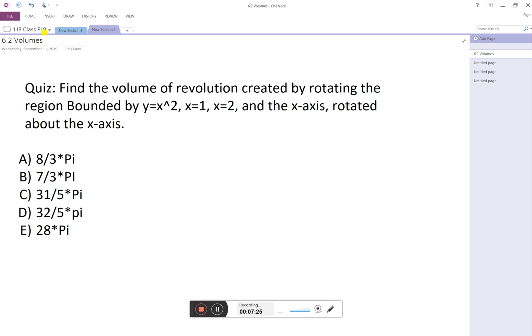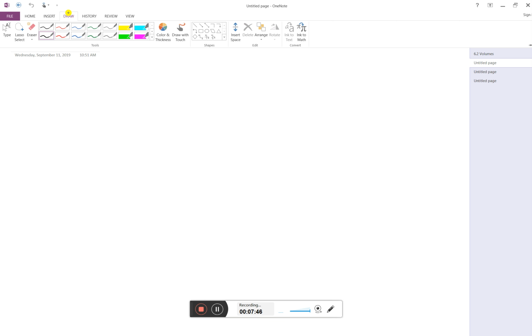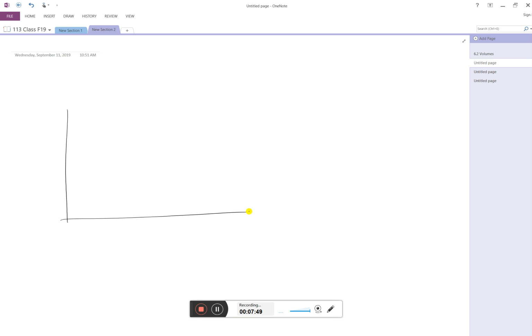I actually never got to my Mario Kart example last time, so I'm going to quickly talk about Mario Kart in areas between curves. I'll just do it on this page really fast. So in Mario Kart, when you're picking carts or bikes or whatever, there is a trade-off between top speed and acceleration.